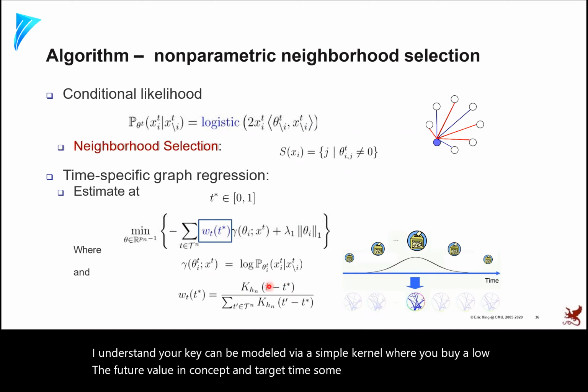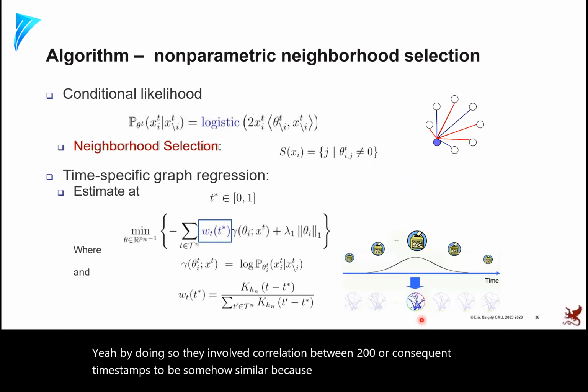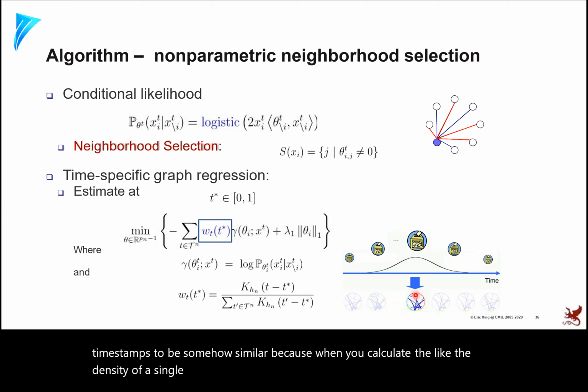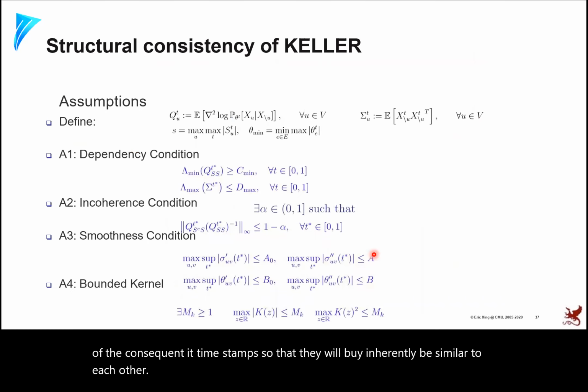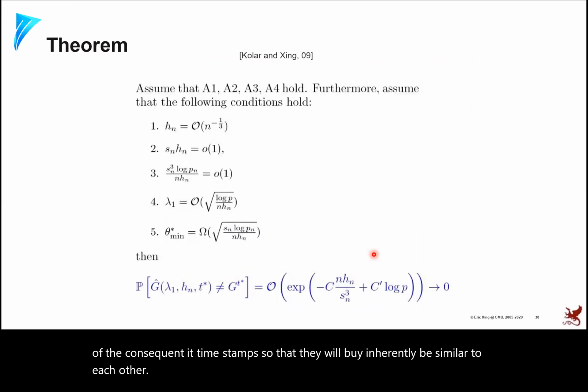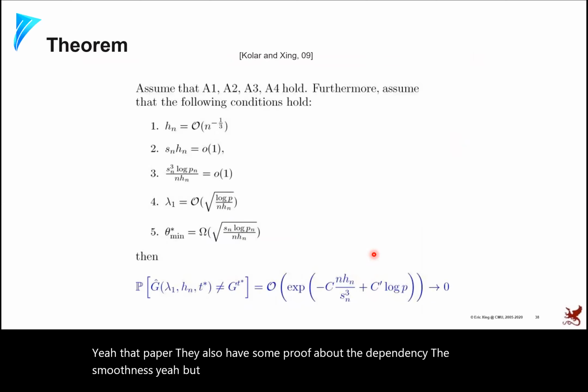By doing so, they involve the correlation between two consequent timestamps to be somehow similar, because when you calculate the density of a single timestamp t, it will also utilize the smoothed value of the consequent timestamps, so that they are inherently similar to each other. In that paper, they also have some proof about the dependency and the smoothness, but this lecture didn't discuss too much about this.